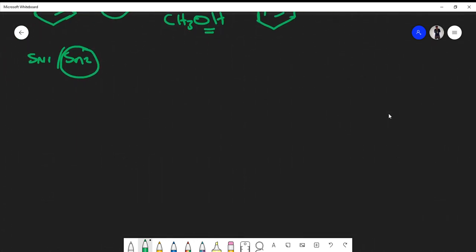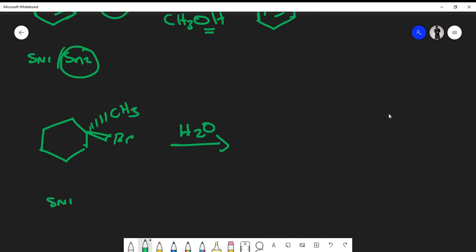How about this one? Is this SN1 or SN2? Well, what kind of alkyl halide am I looking at?